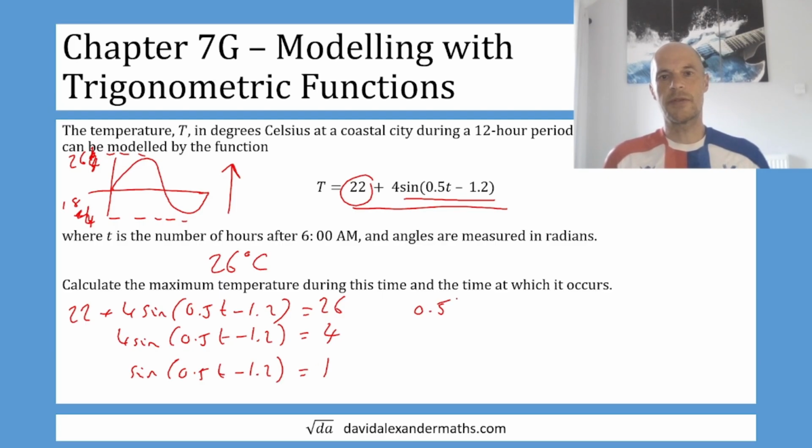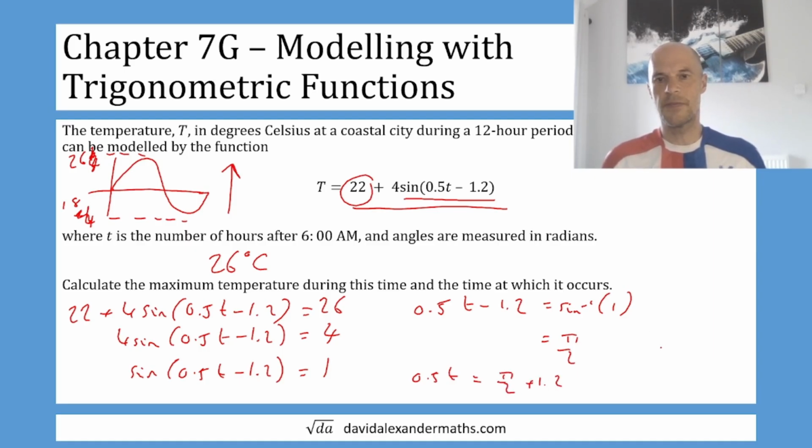So therefore 0.5t take away 1.2 is the inverse sine of 1, which is pi over 2, and then 0.5t will be pi over 2 plus 1.2, that is 2.77, so I'm going to double it for t, so t is going to be 5.54 to 2 decimal places.